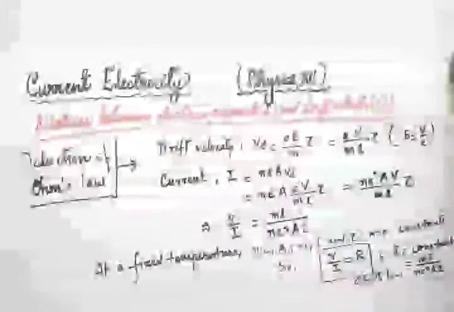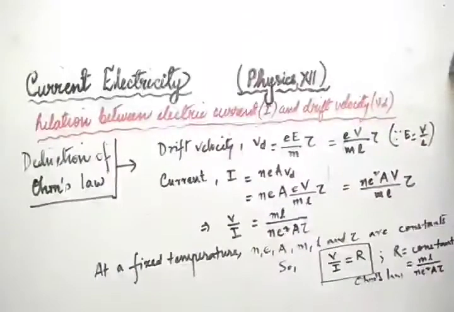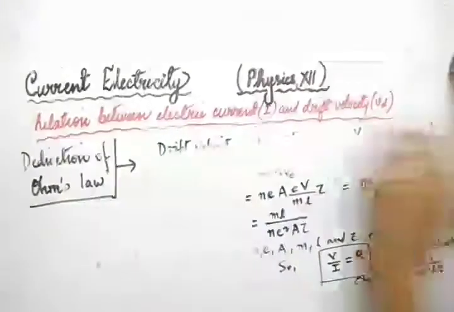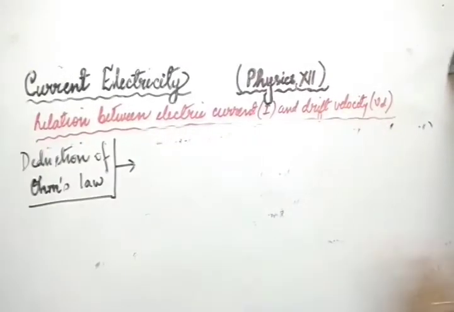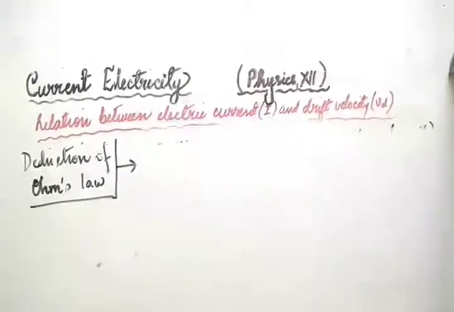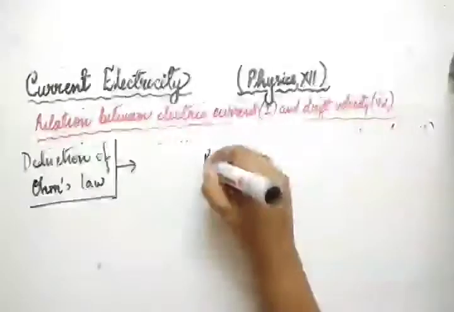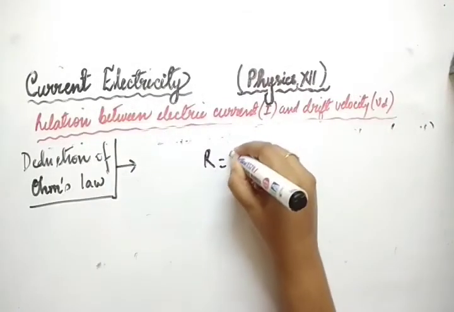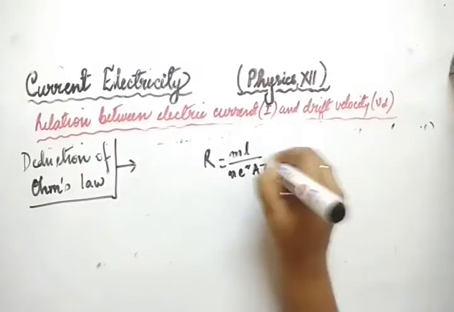So now let us write the formula for resistance again. So we got the value of resistance as m L by n e square A tau.